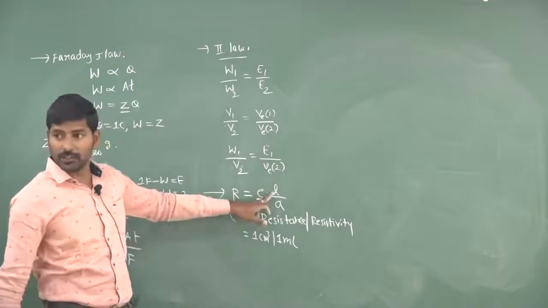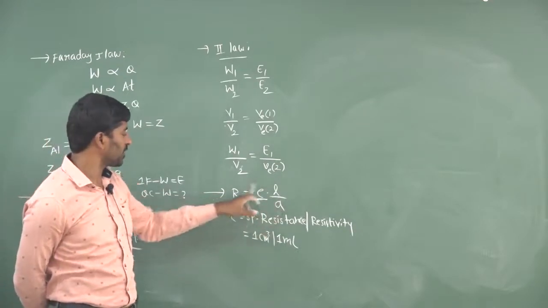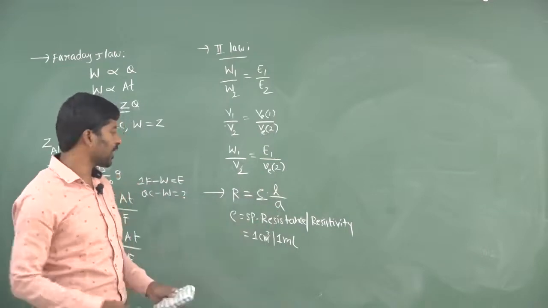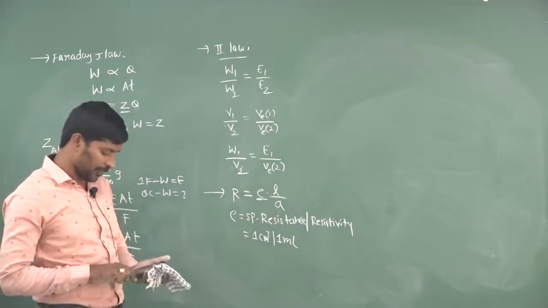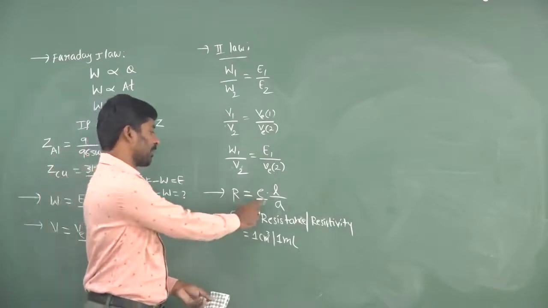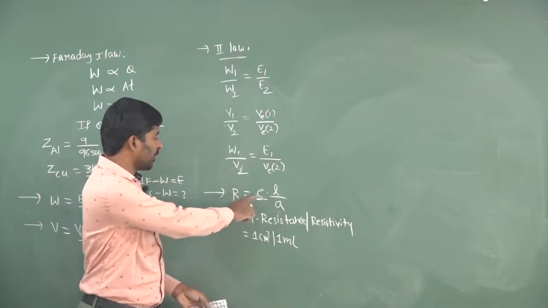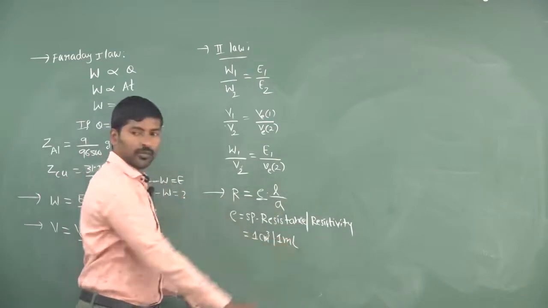If you take L value 1 and A value 1 centimeter square, then these two get cancelled and R becomes equal to rho. If L is equal to 1 centimeter and A is equal to 1 centimeter square, then both become the same, R is equal to rho. So therefore, rho is called the resistance shown by a 1 centimeter cube conductor or 1 ml of electrolyte solution.